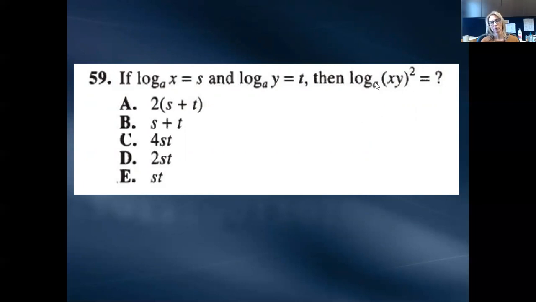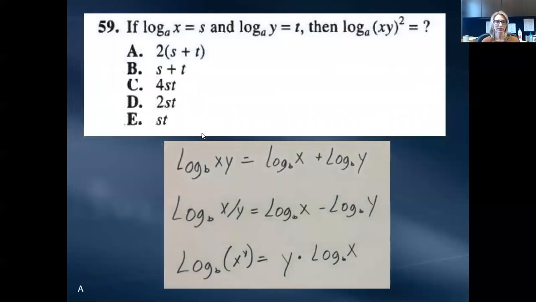So log a of xy is going to equal the same thing as log a of x plus log a of y. We know that log a of x is s and log a of y is t, so it's going to be s plus t, but now we got this square up here. And remember, when you have a logarithm and it's raised to an exponent, you can put that exponent in front of the log sign. So then you could say 2 times s plus t.